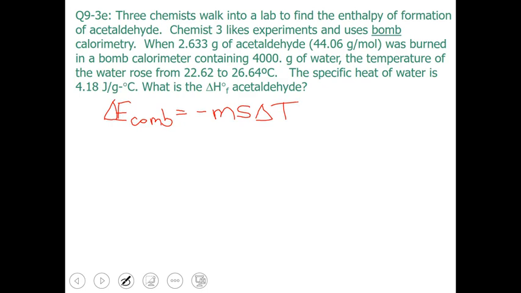So, remember that when you are in a bomb calorimeter, we are getting the energy of combustion, not the enthalpy of combustion. And our problem seems to indicate that the water is the most important part of the calorimeter. So, whatever the energy of combustion of this reaction is, it is equal to the negative ms delta T change of the calorimeter. Because once again, the reaction is our system, the water is our surroundings.